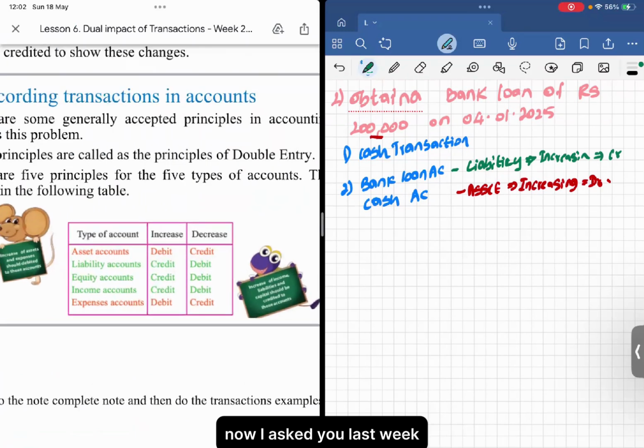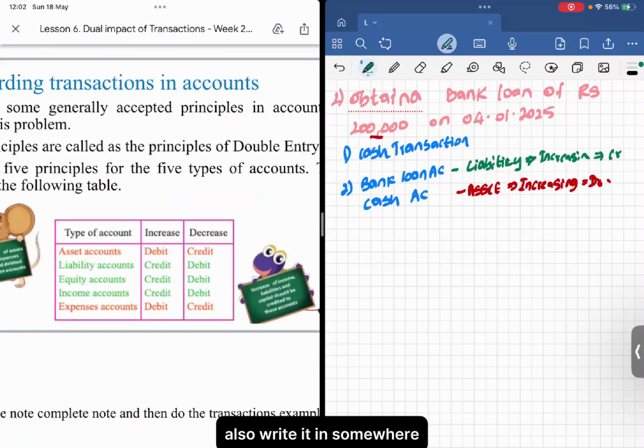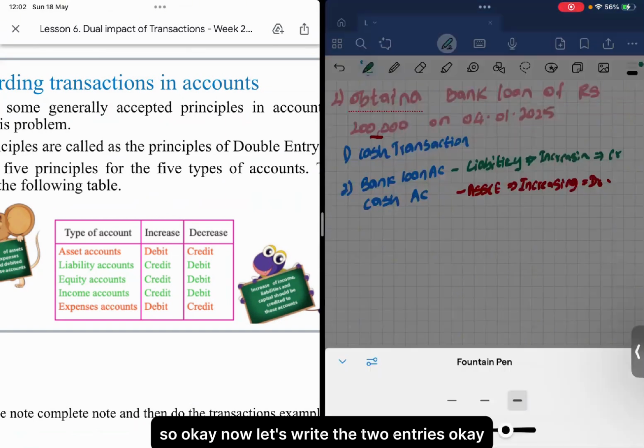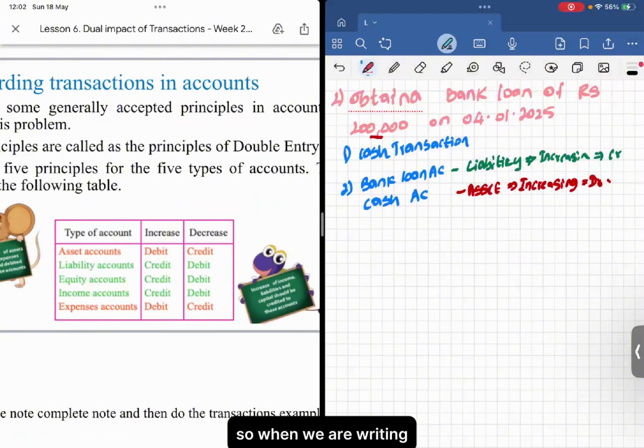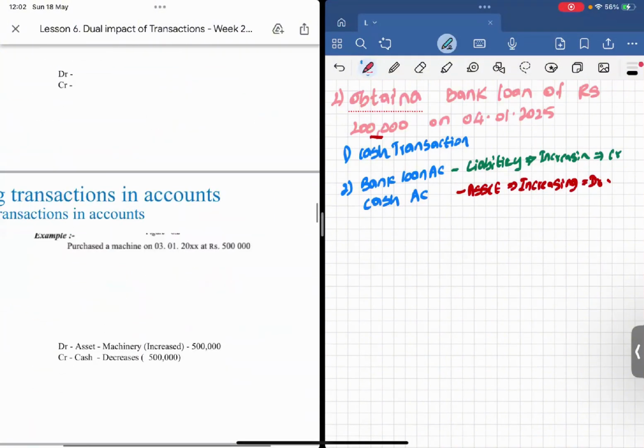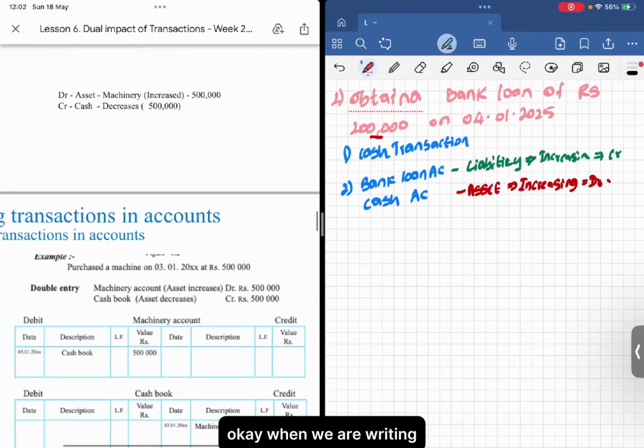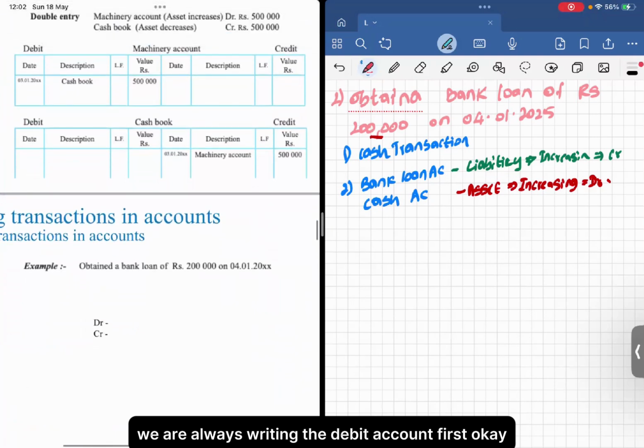Now, I asked you last week also, write it somewhere you can always see and remember it. You can logically remember it. Now let's write the two entries. When we are writing, we always write the debit account first.